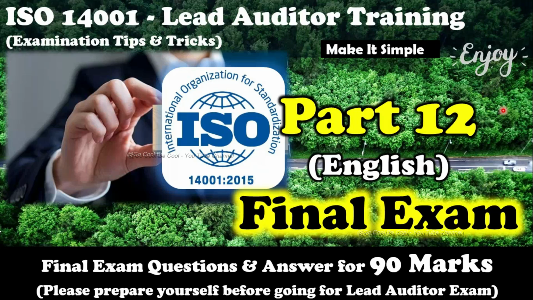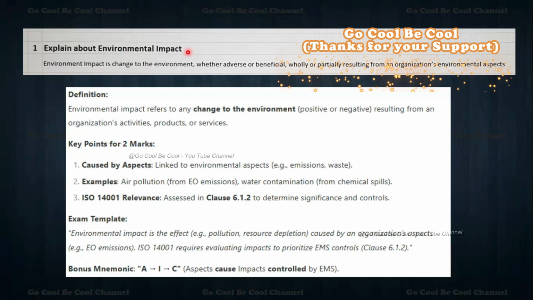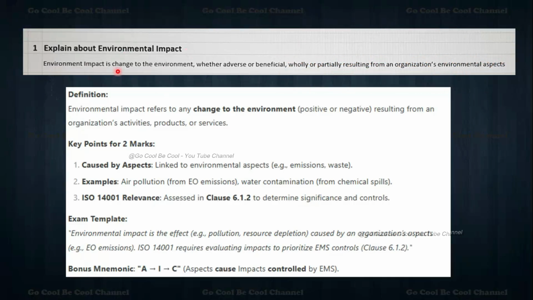First question: explain environmental impact. Generally they will ask this question. It is a 2 marks question, so you need not spend much time. Environmental impact is a change to the environment, whether adverse or beneficial, wholly or partially resulting from an organization's environmental aspects. Or we can simply say environmental impact refers to any change to the environment, positive or negative, resulting from an organization's activities, products and services.